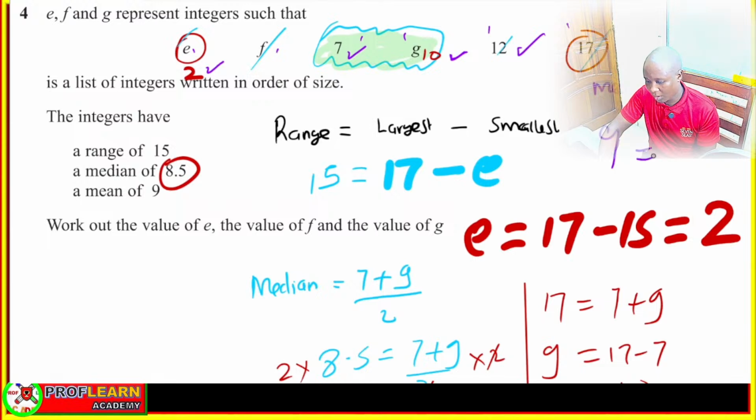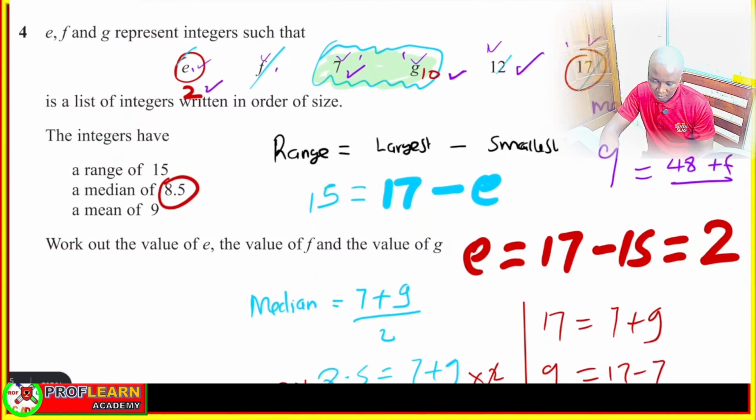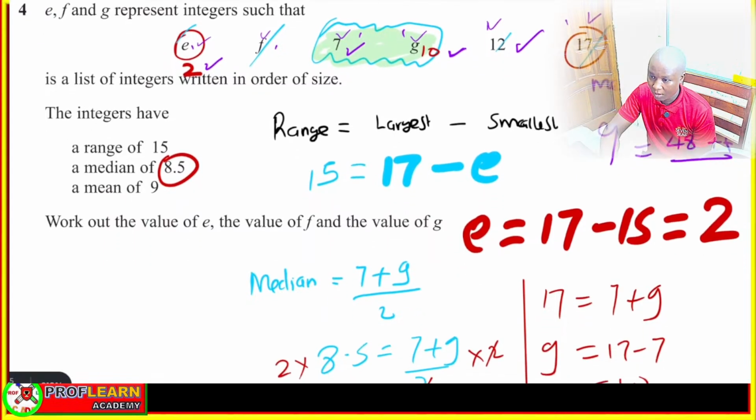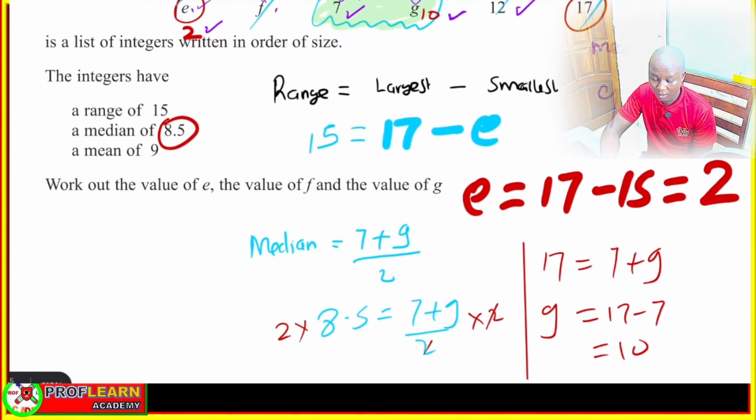So I'm going to say 9 is equals to 2 plus 7, then we add 10 plus 12 plus 17, that translates to 48. 48 plus F divided by 1, 2, 3, 4, 5, 6. Okay, so seems something's not adding up properly. I need to check there so that I can see where the mistake is.